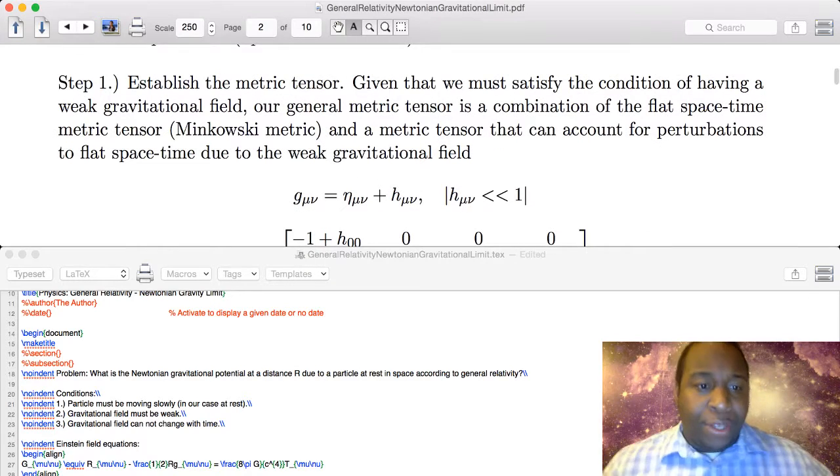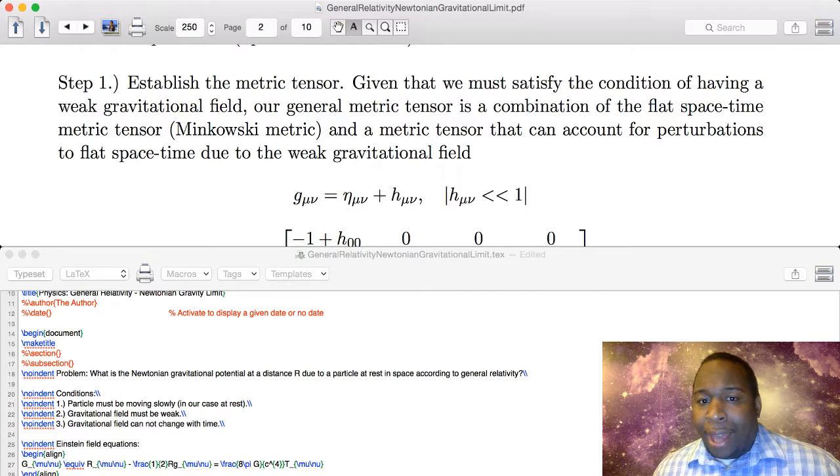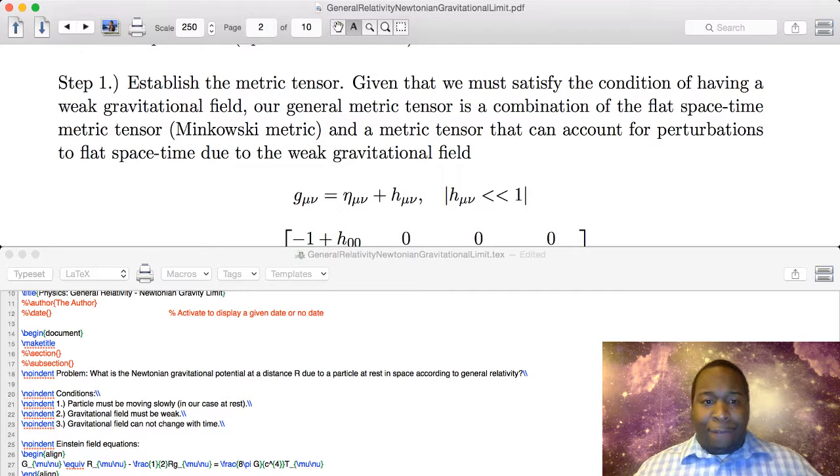So the very first thing we needed to do was establish what our metric tensor would be. The idea here, and I'm going to try my best to explain this using the typical analogy given for space-time, is that you have a flat sheet, a flat bed sheet, if you will.